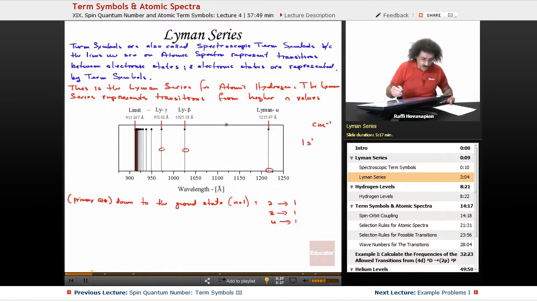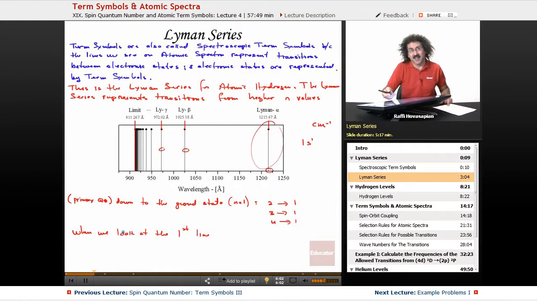Now, let's take a look at the first line. When we look at these lines of the Lyman series under higher resolution, in other words, when we magnify it, we end up actually seeing two separate lines.